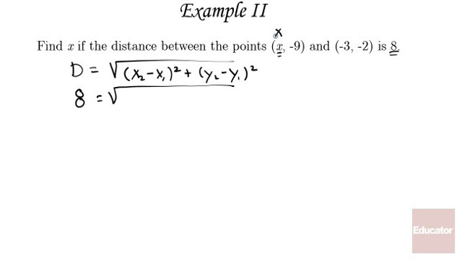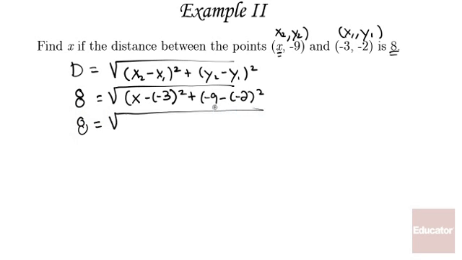So I'm going to let this be x2, so I can have that variable right here. And this is going to be y2. This is going to be x1. This is going to be y1. So this is going to be x2 minus -3 squared plus y2, which is -9, minus y1, which is -2. All of that squared.